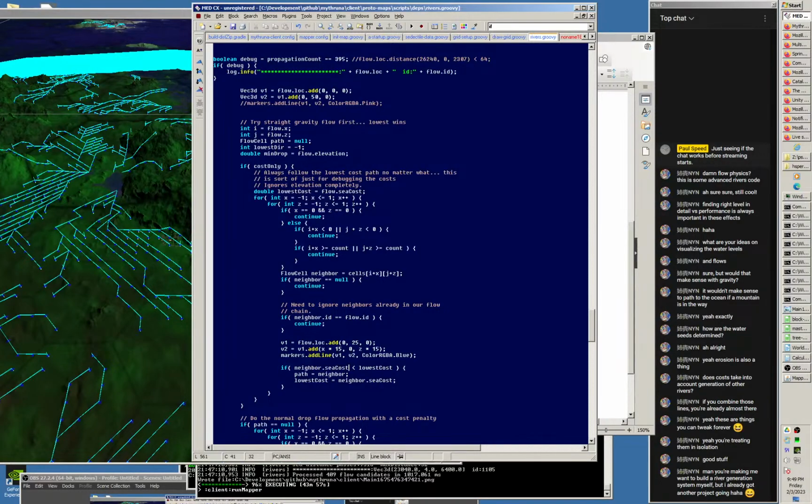So if the neighbor C cost is less than our lowest cost, which started out as our cost, then we go ahead and head in that direction. But let's bias it by if there's already a river there. So let's make a bias.